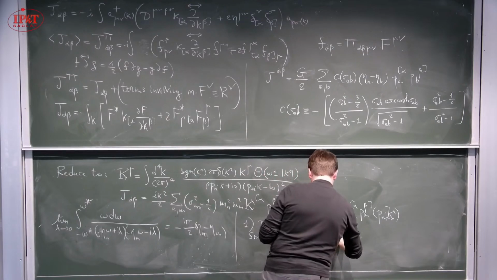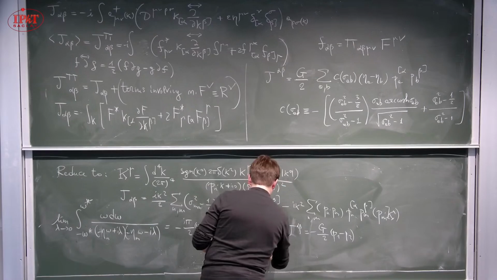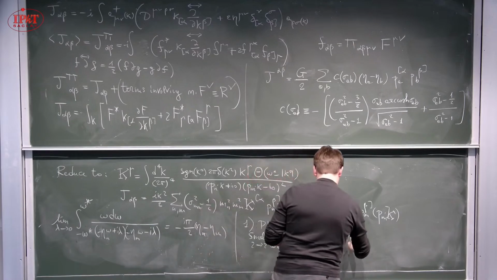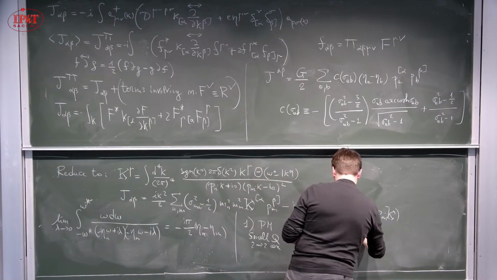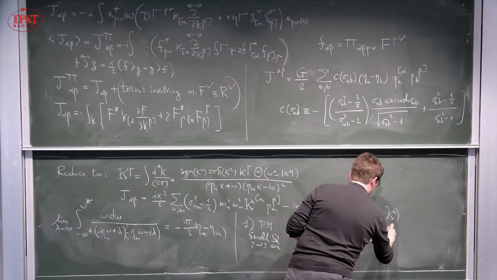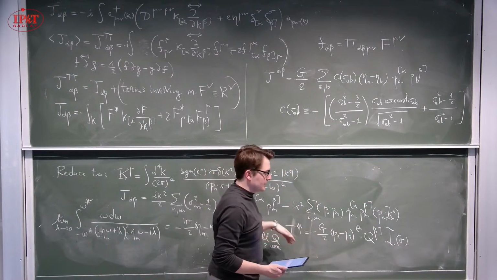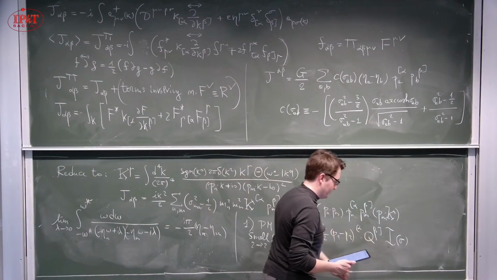So why not write it? P1 minus P2. This is for the 2 to 2 case. Q alpha Q beta calligraphic I, the same function as before. So in principle, this quantity is as ill-behaved as the previous one for large sigma.